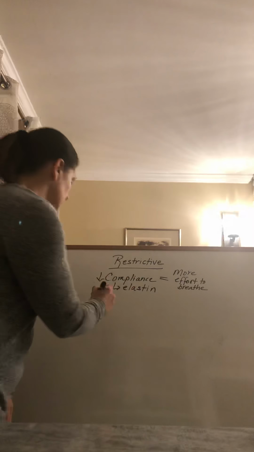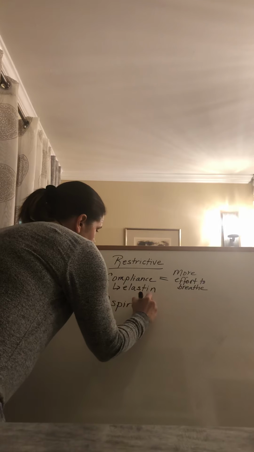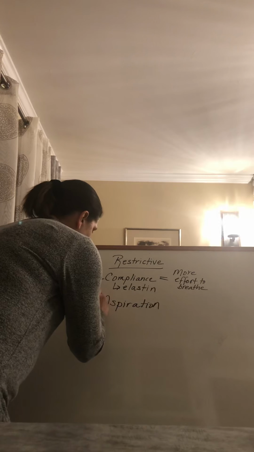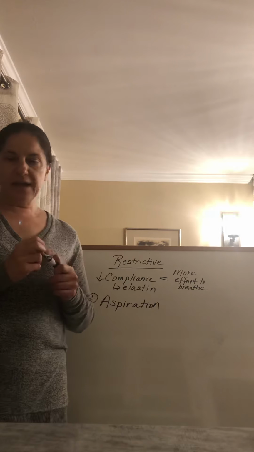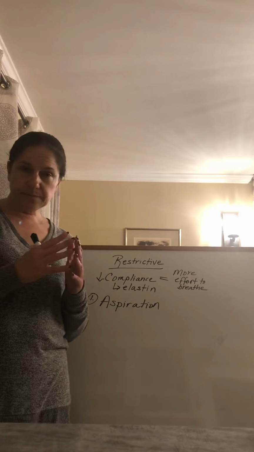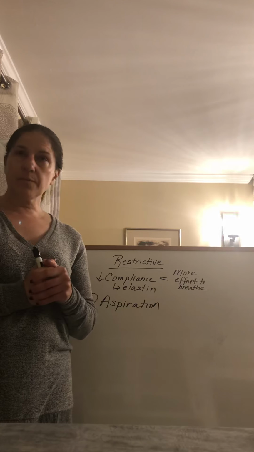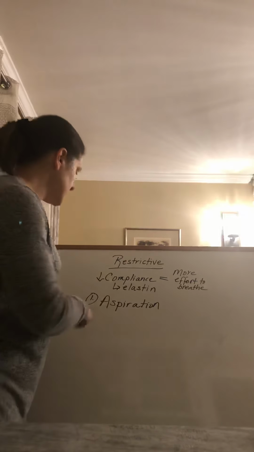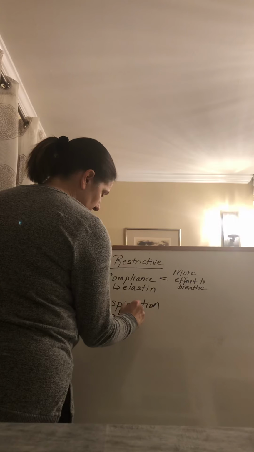The first one is when someone has aspiration. When someone aspirates, it means that they have the passage of either fluid or solid particles into the lung. This can occur for any number of reasons. It could be something like abnormal swallowing. We've all experienced that.